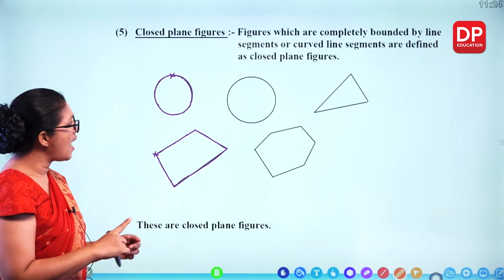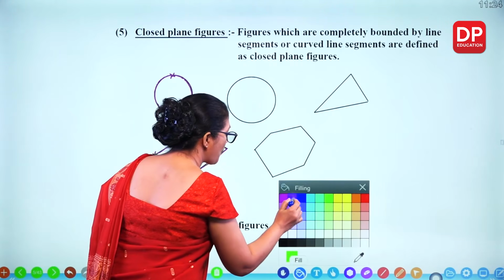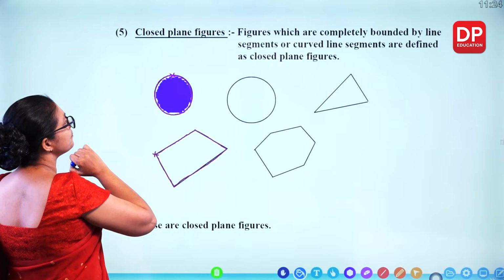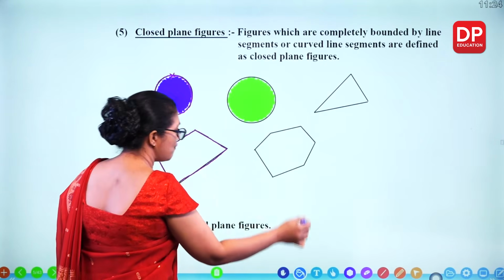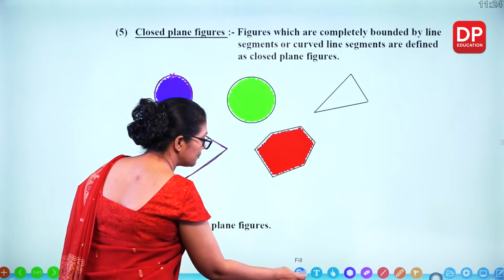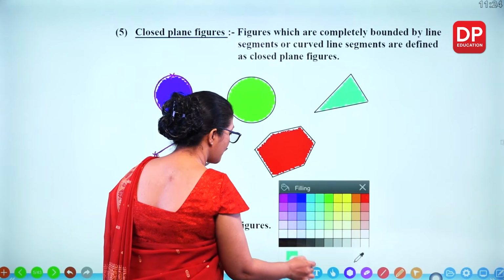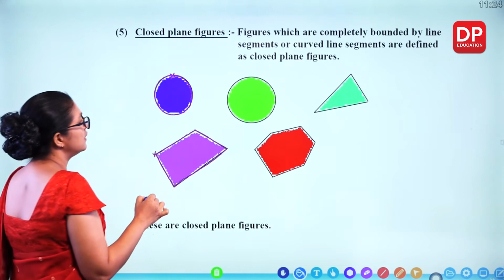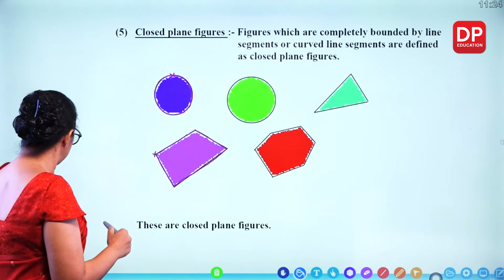So all these are closed plane figures. So I can color those. When you get a closed plane figure, you can color inside. So these are closed plane figures.